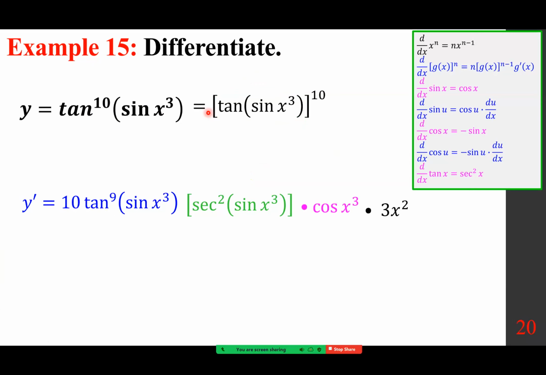First, we write this as tan to the power of 10. Go to this one, we need the n, which is 10. We need g of x to the power of n minus 1, so 10 to the power of 9. And you need the argument, sine x cubed. Then you have to differentiate this part. And to do this part, you go one by one. First, you go with tangent, which gives you secant squared.